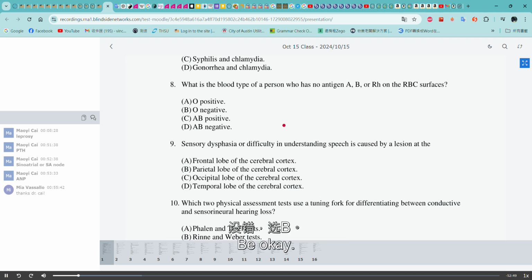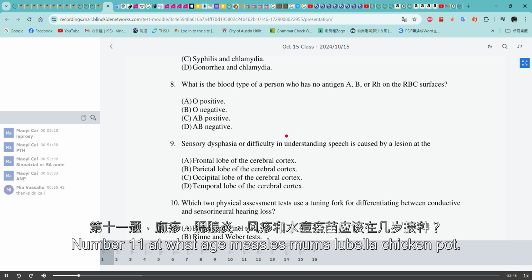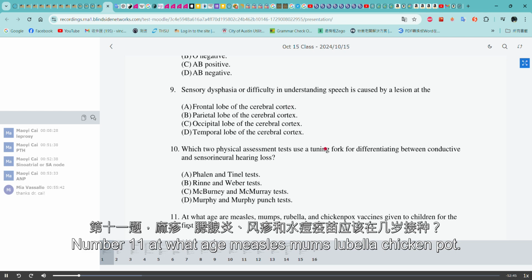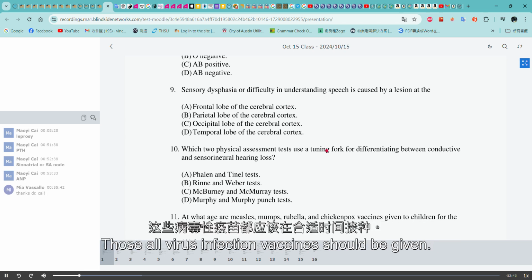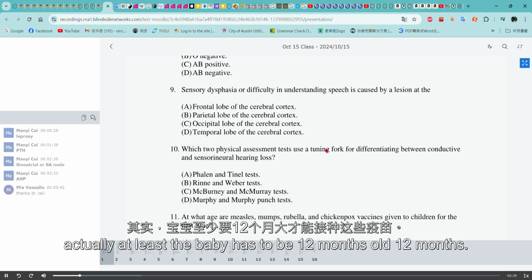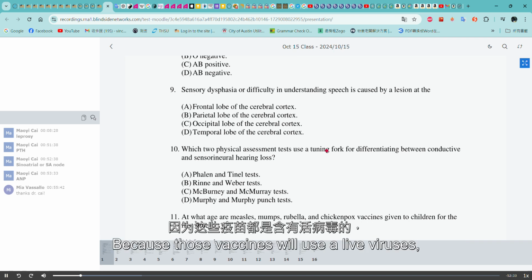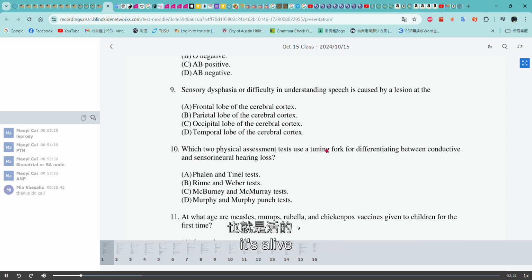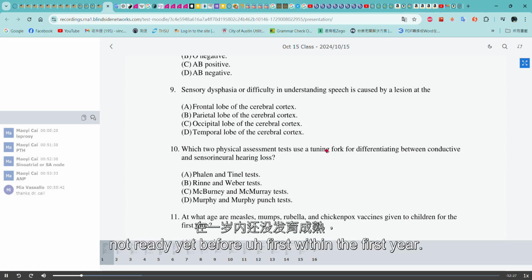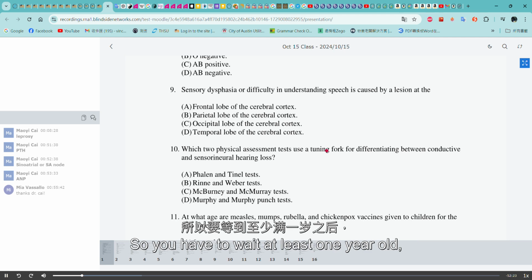Is B, okay? Number 11, at what age should measles, mumps, rubella, chickenpox, those virus infection vaccines be given? At least the baby has to be 12 months old. Why? Because those vaccines use live viruses. The baby's immune system is not ready yet within the first year. So you have to wait at least 1 year old.